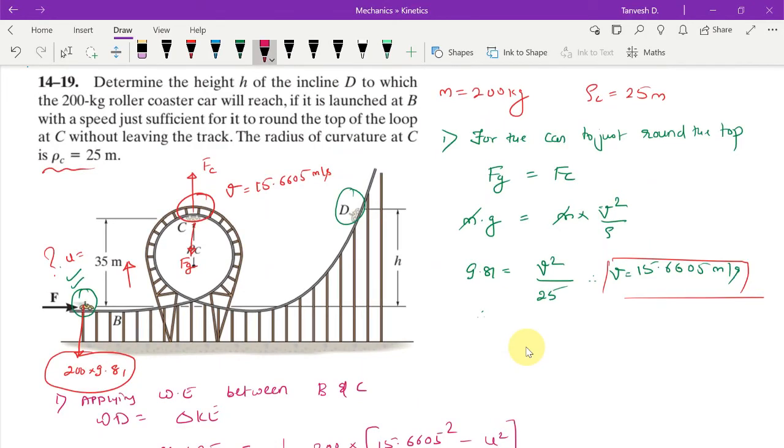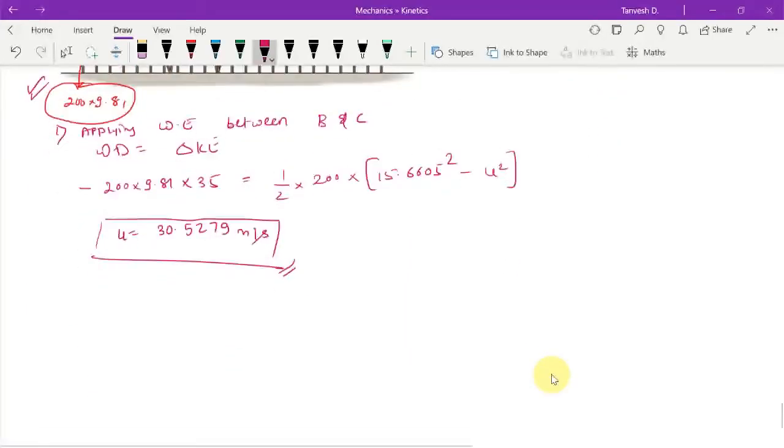Now we need to find how much more it will go till this point D. So we can apply the work energy between B and D, and the work done by this weight in that case would be minus 200 into 9.81 into h, because now it is rising by h, the displacement is still happening in the vertical direction only.